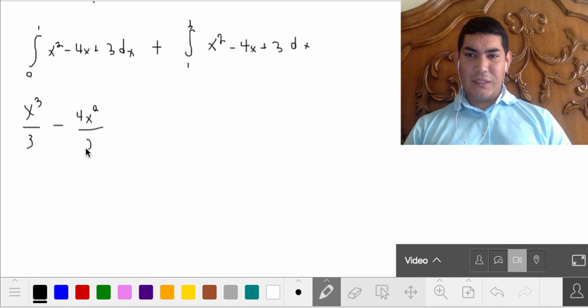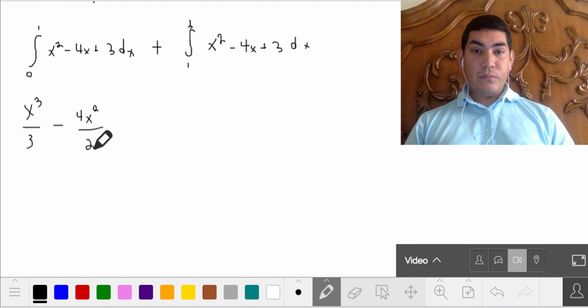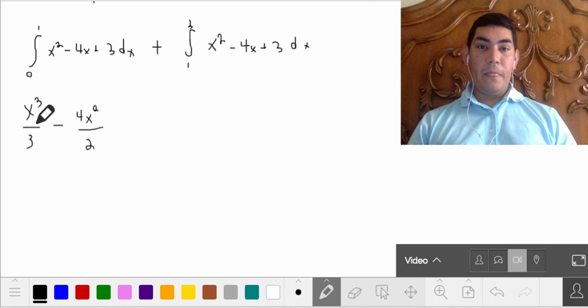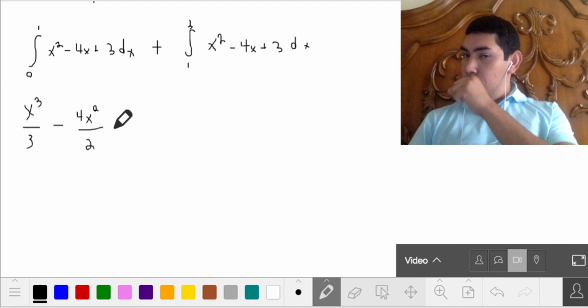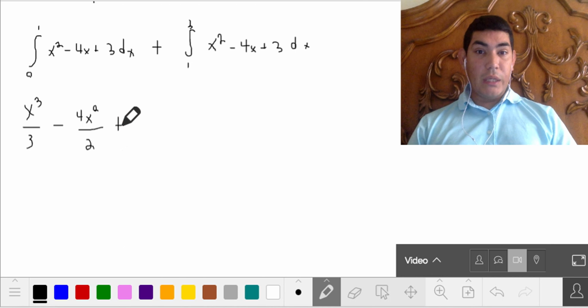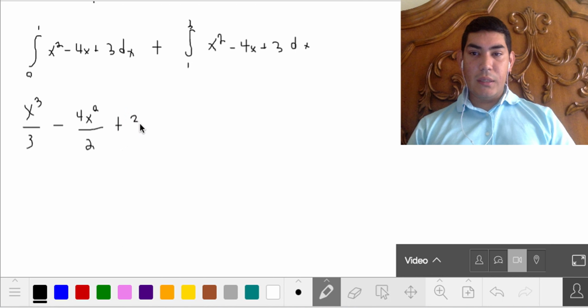If you can see on those two terms what is happening, the exponent increases by 1 and we divide by that new exponent. That's why I wrote x squared now and divided by 2. The same thing happened with x cubed divided by 3. Plus, since 3 is a constant, it just has 3x.